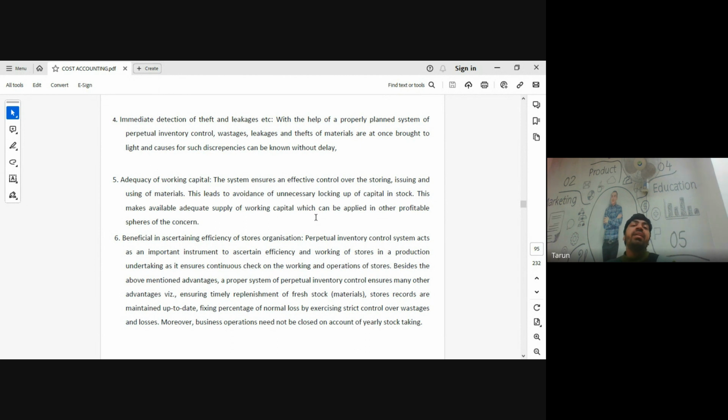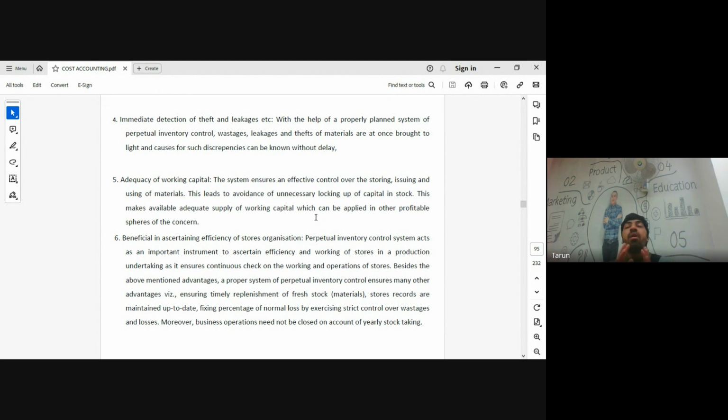Next one is adequacy of working capital. Through this system, it is very important to have effective control over the storage, issuing, and using of materials, and it will avoid locking up the capital in stocks. Whatever investment is required in a particular stock, it will log and store that investment, and whenever the right time arises, they will use such investments.